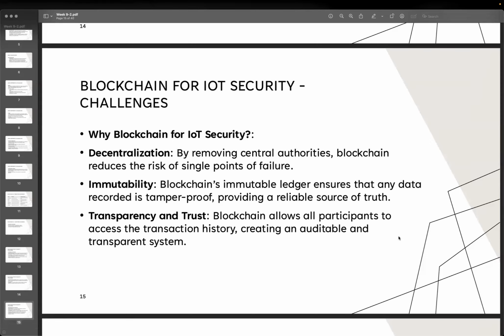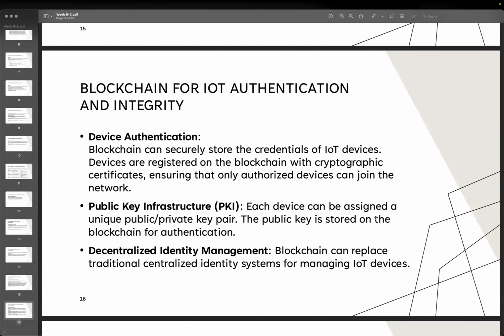And then the public key infrastructure. Each device can be assigned a unique public and private key pair, and those keys are stored on the blockchain for authentication. Also decentralized identity management: we can replace the traditional central identity system for managing those IoT devices, and validate from different participant nodes.